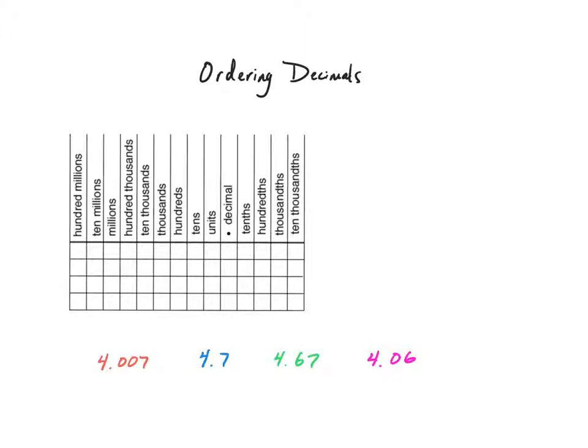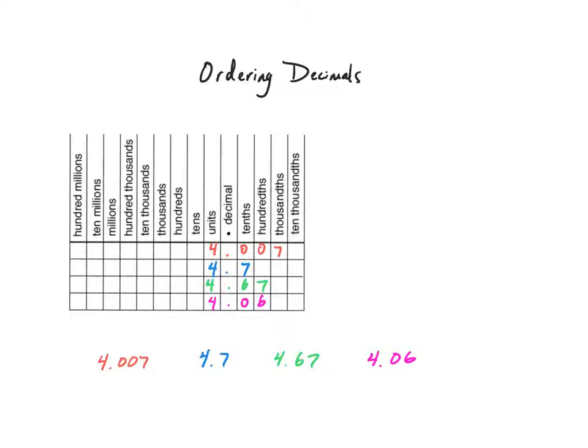So I'm going to go ahead and put all of these into my place value chart. I have 4 and 7 thousandths, 4 and 7 tenths, 4 and 67 hundredths, and 4 and 6 hundredths.